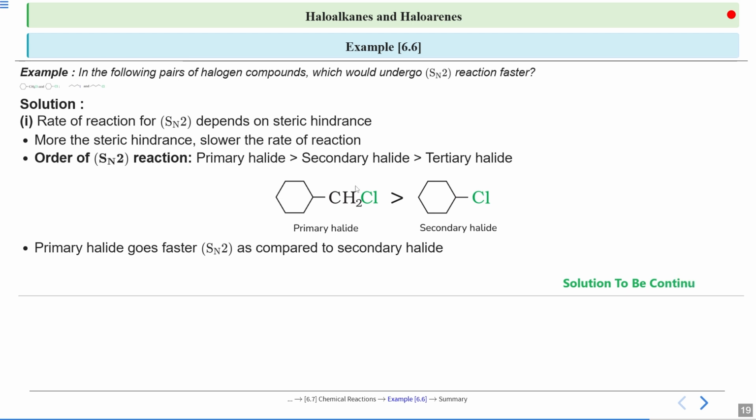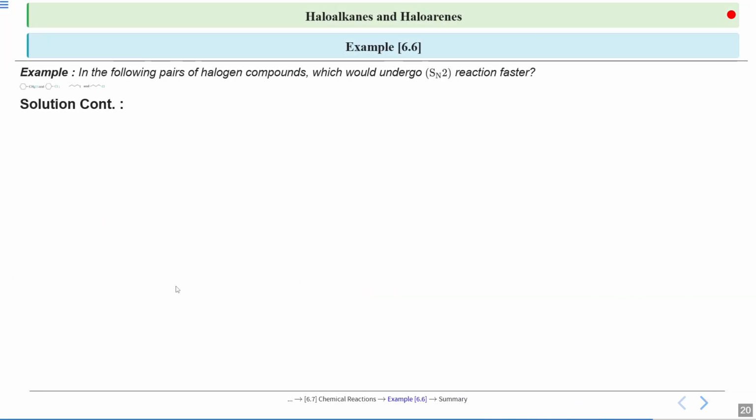Okay, so the first halogen compound given here, which is the primary halide, will undergo the SN2 reaction faster. Now, if you talk about the second pair of halogen compounds, we have the same structure, but only the halogens are different: iodobutane and chlorobutane. If you go down the group in the halogens, the size of the atom increases.